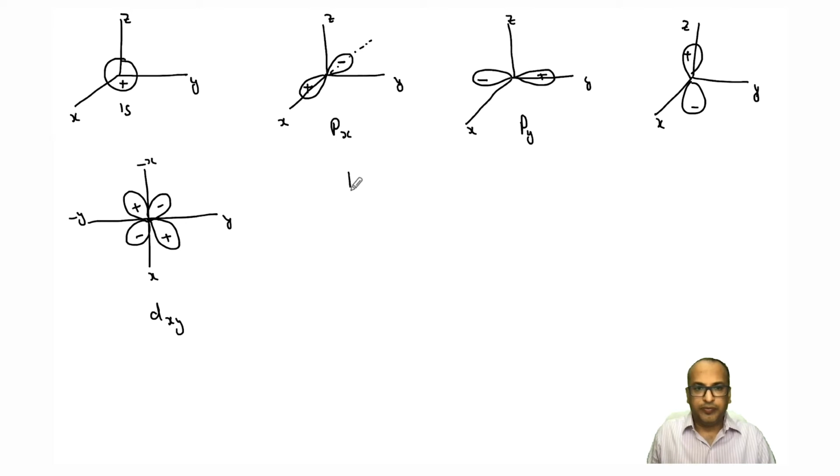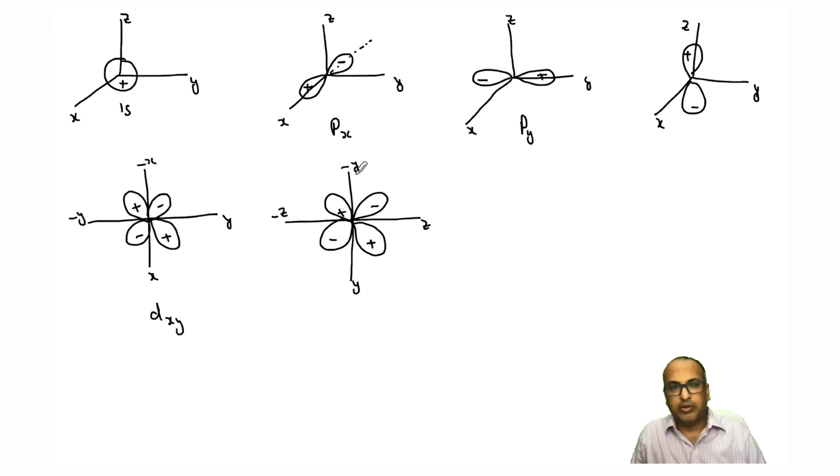Then you have yz, right? So we can have yz like this, minus y, minus z, and again this will be in between. It is very easy to see which lobe will be positive.